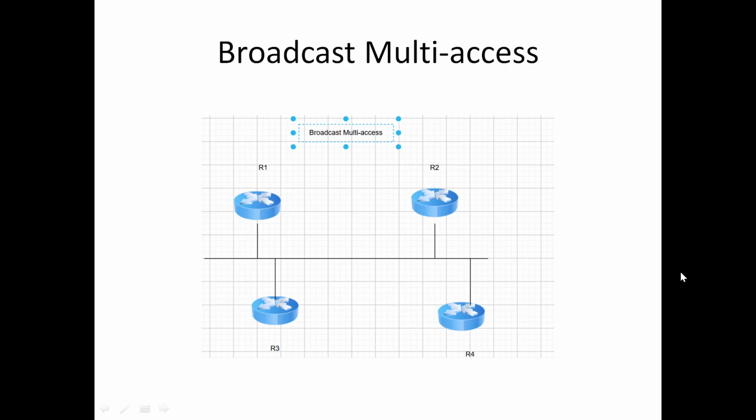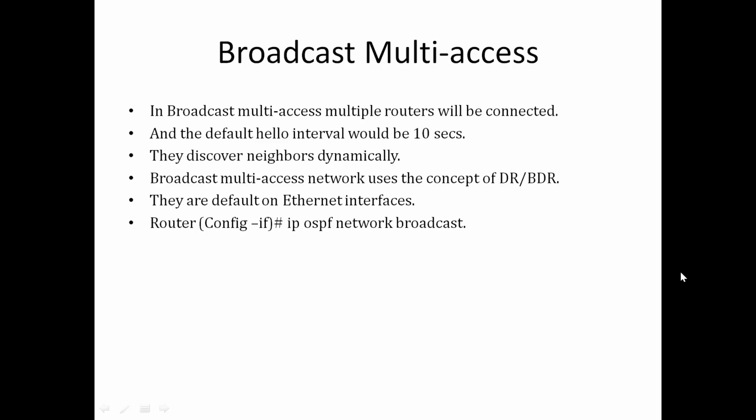And the next one is broadcast multi-access. Here, multiple routers can be connected to the Ethernet segment. So if you see this diagram, there are 4 routers R1, R2, R3, R4 connected. The default hello interval would be 10 seconds. And like point-to-point, they discover neighbors dynamically.